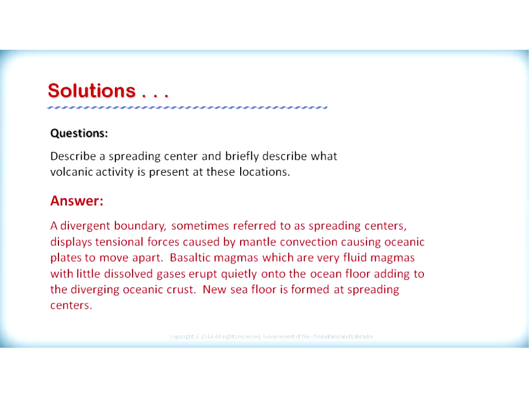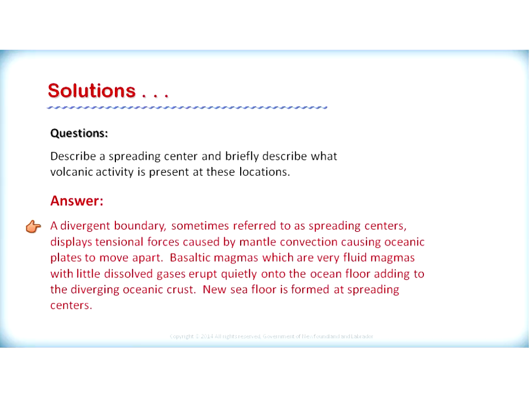So your answer should include the following points. A divergent boundary, sometimes referred to as a spreading center, displays tensional forces caused by mantle convection, causing ocean plates to move apart. So this sentence describes what happens at a spreading center.